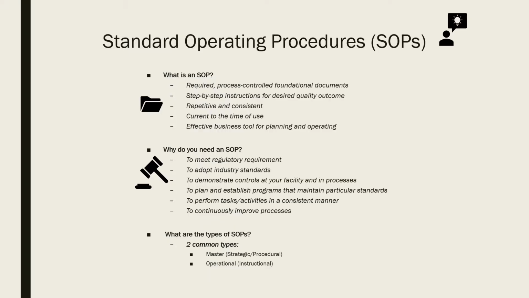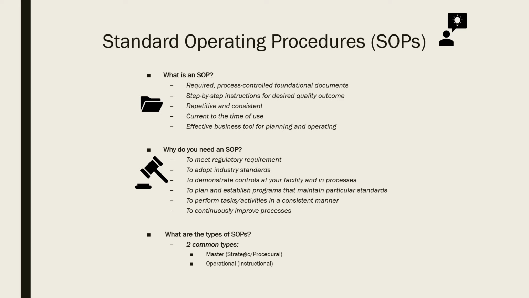So what is an SOP? Well, an SOP, if you can picture this, is your procedures, your actual physical steps captured on paper. It is also a document that is required by the cannabis regulations.